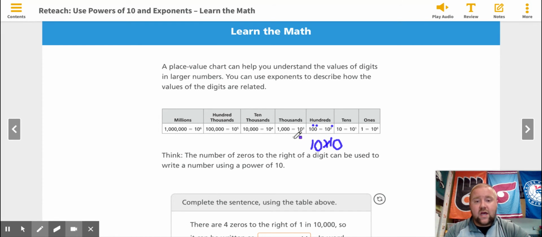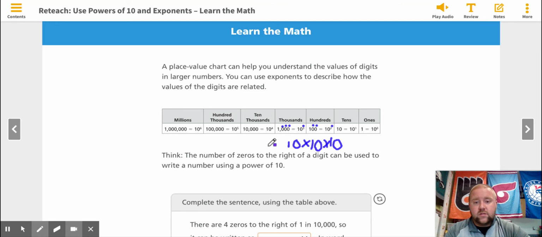Okay, so 10 to the third is now going to be 10 times 10 times 10. We're multiplying 10 by itself 3 times. Again, notice this exponent is a 3. How many zeros are there here? 1, 2, 3. Again, the exponent in a power of 10 is going to tell you how many zeros follow behind the 1.